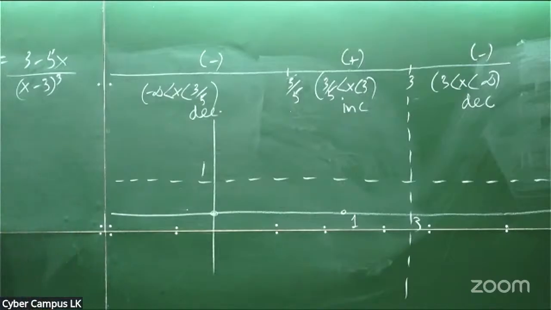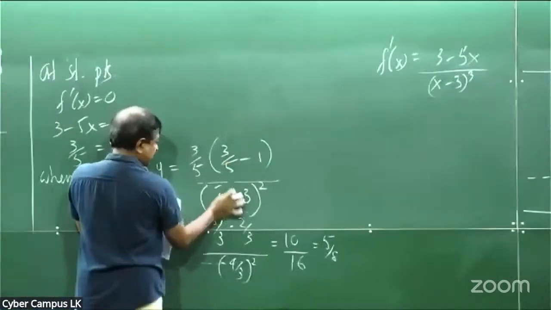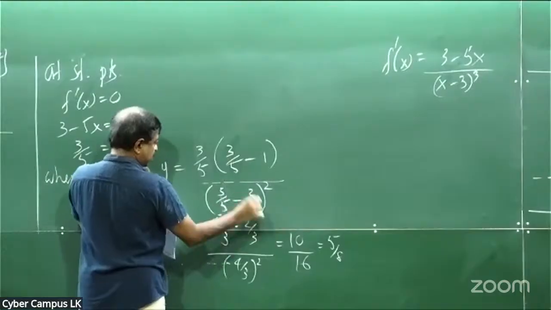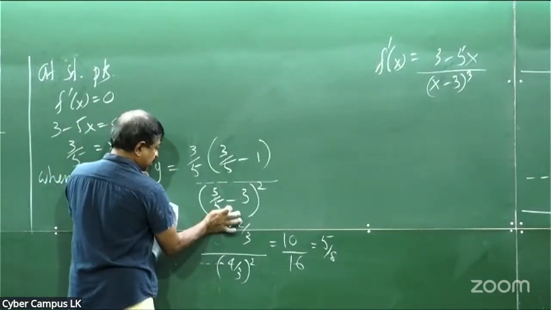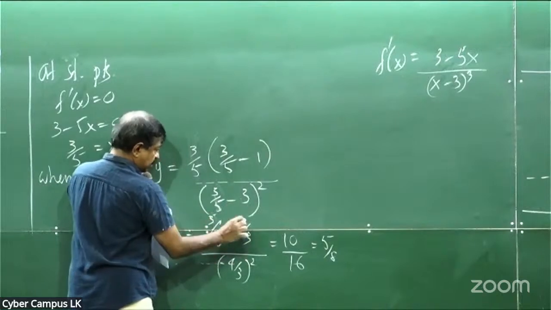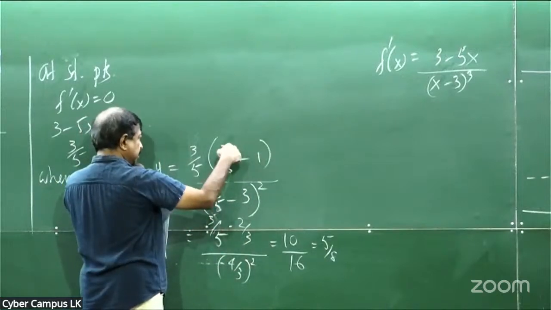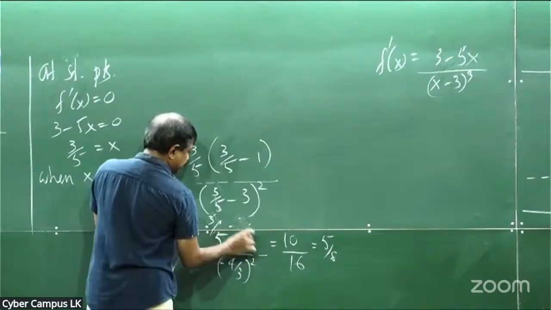Hold on. This is 3 over 5. I have plugged in 5 over 3, so it's wrong. So 3 over 5. Now if you take this, you get minus 2 over 5.